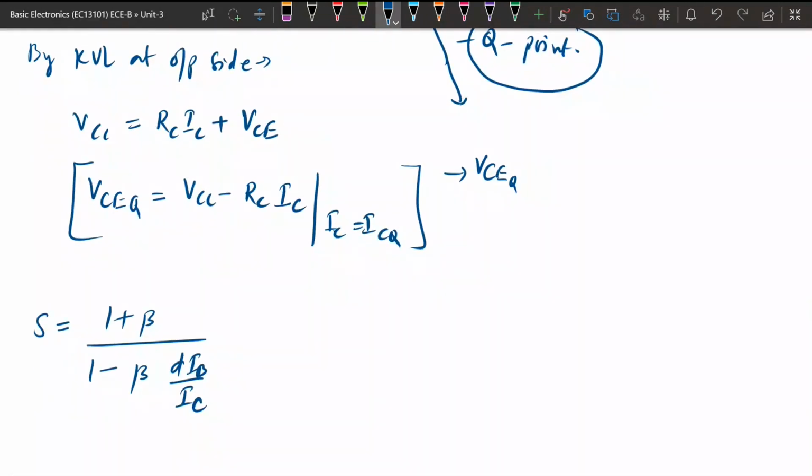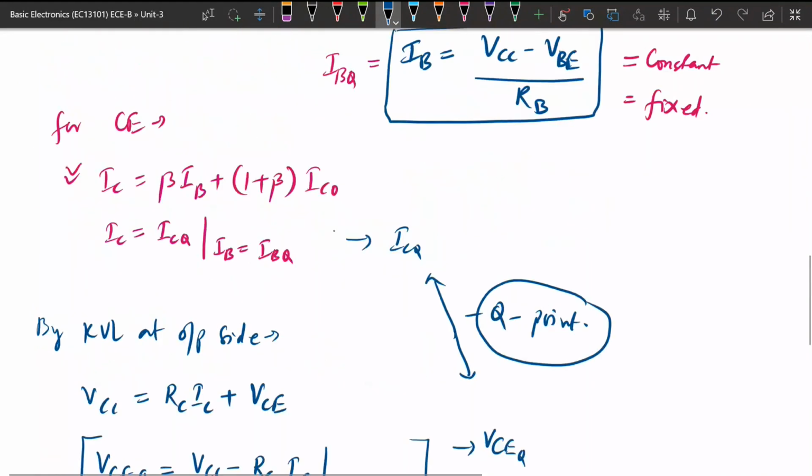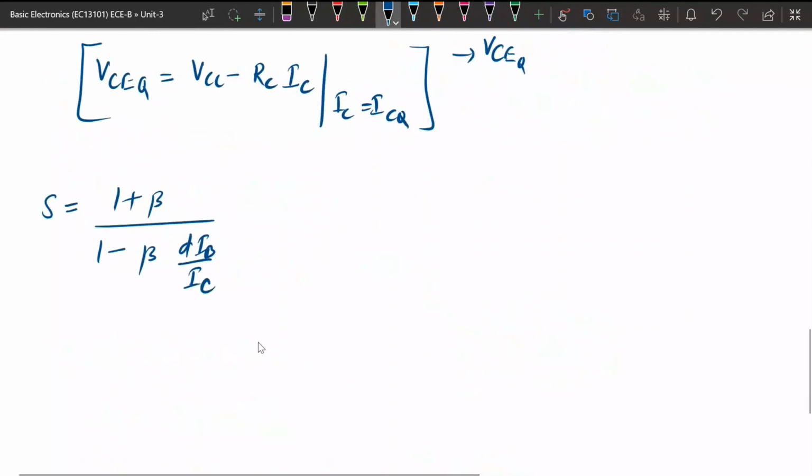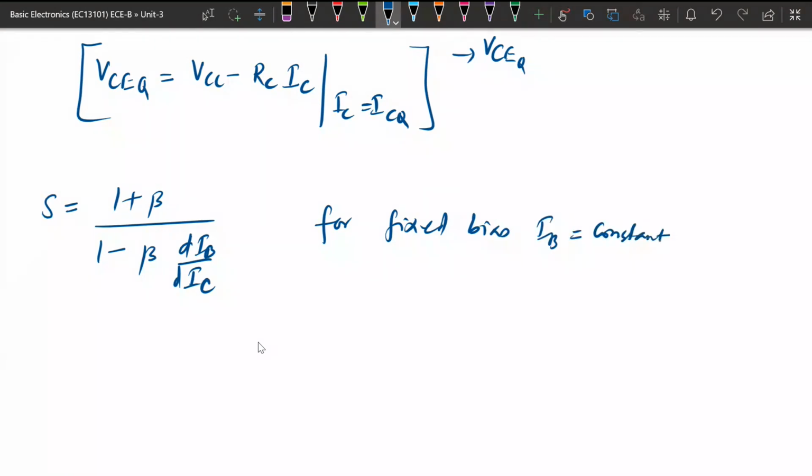As we have seen, IB is constant for the fixed bias. So when IB is constant, del IB by del IC will be equal to 0 because this is constant.